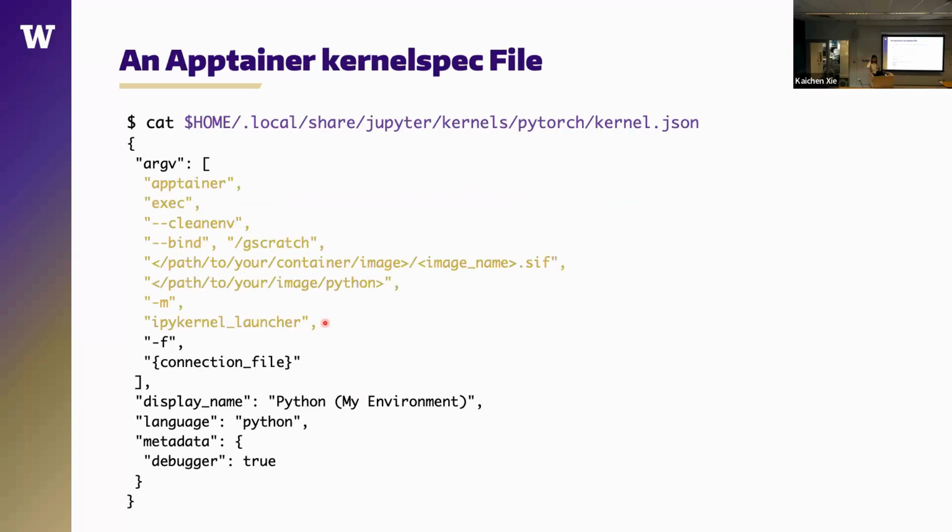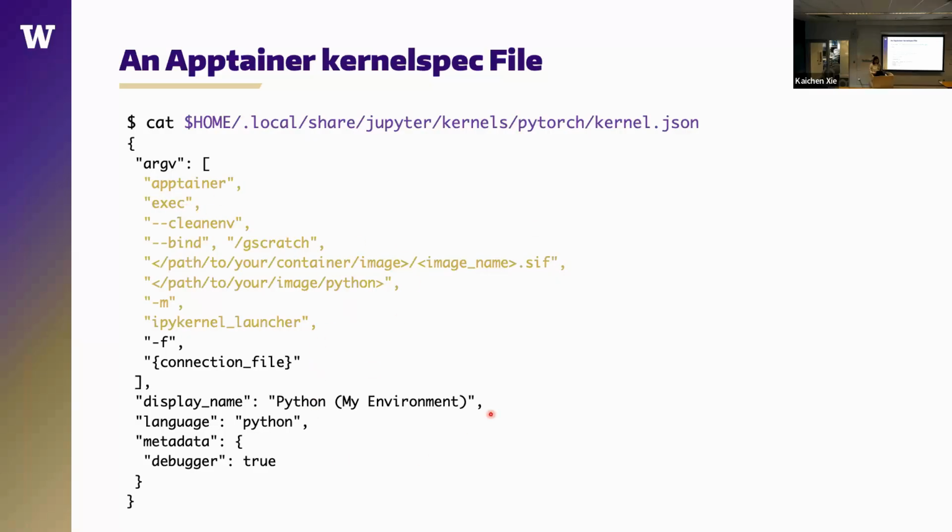I just want to make you aware that containers can also be registered as Jupyter kernels. This allows you to run notebooks inside a containerized environment with Jupyter. To register a container as a Jupyter kernel, I think the simplest way is to start with a basic kernel spec, such as this one, and prepend the command argv with the container runtime command, such as the apptainer command and the options.